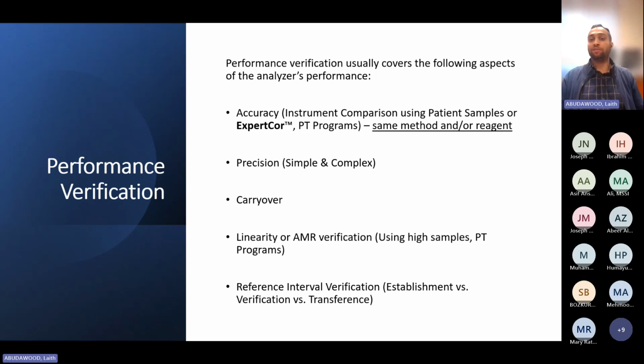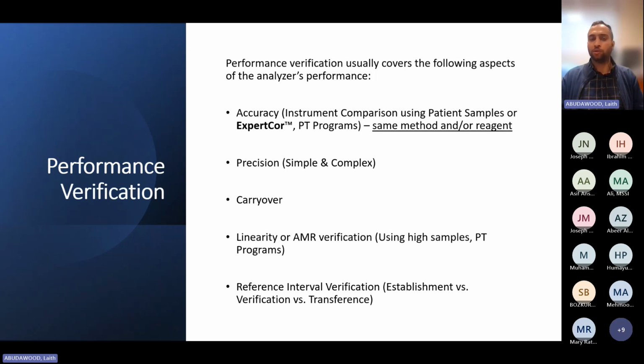I am able to measure within this range as Stago is claiming. However, if I'm trying to measure very high samples like 300, 400, okay, I know they have 300, 400, but then the analyzer is reporting that, oh, your sample has just 60 or 70%, which is wrong. So in this case, I know the analyzer is unable to measure high samples properly. So I have a problem with my linearity. Okay. Or I have a problem with my AMR.